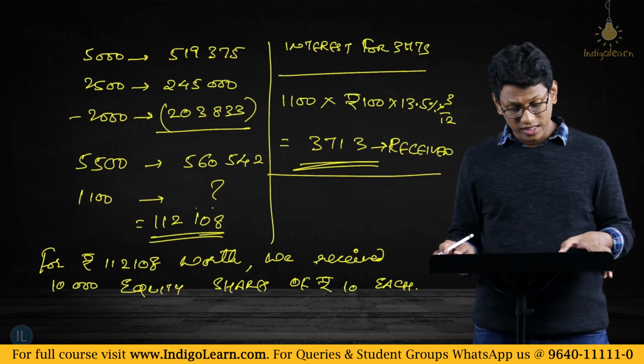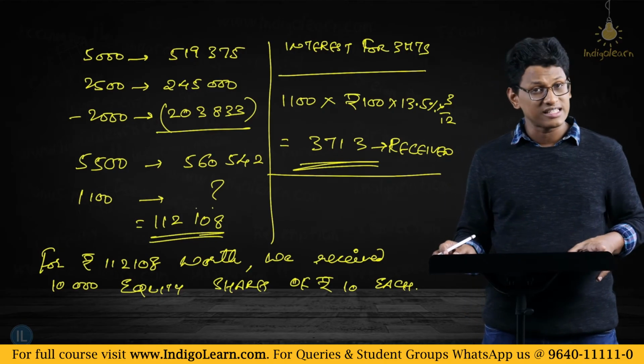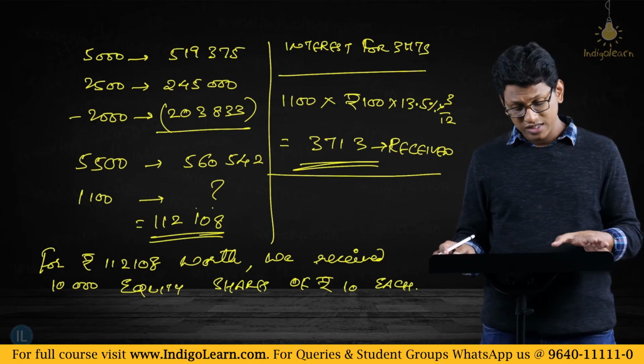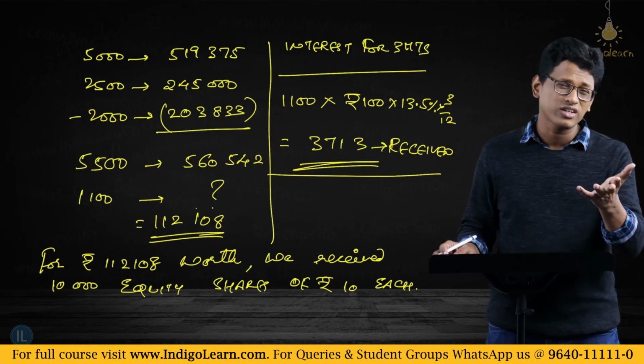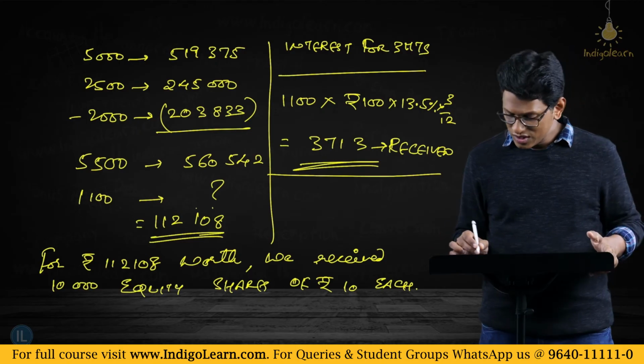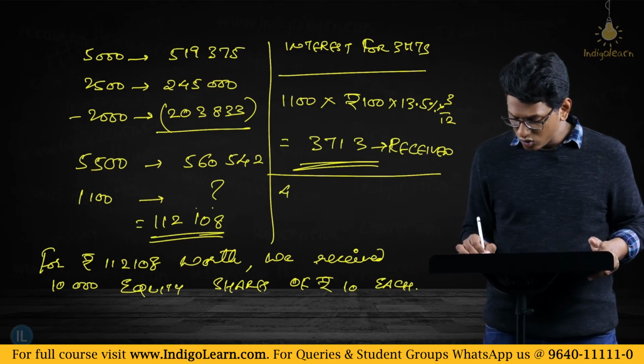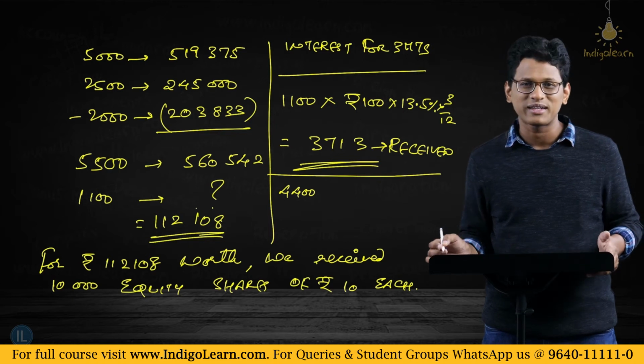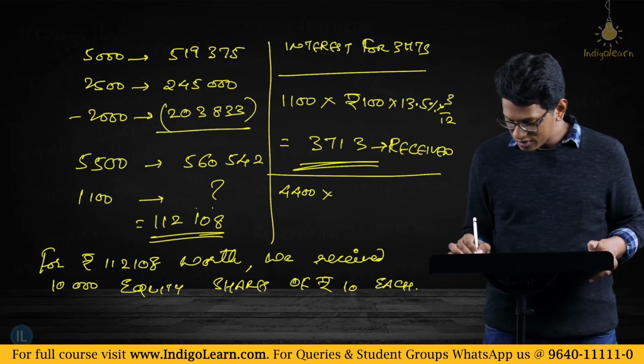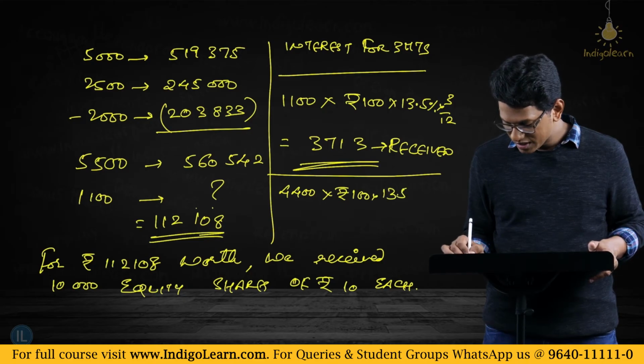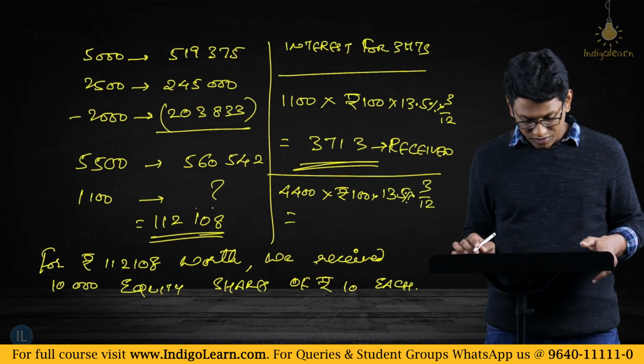Okay. Now, one other point, friends, we need to bear in mind in this case is we have the interest accrued, not yet received, but interest accrued. So let us calculate. On 4,400, interest is accrued but not yet received. Okay. So 4,400 into 100 into 13.5% into 3 by 12, interest accrued not received.